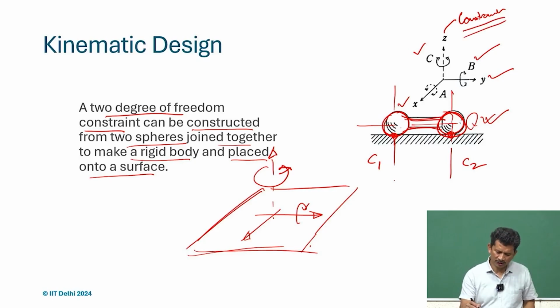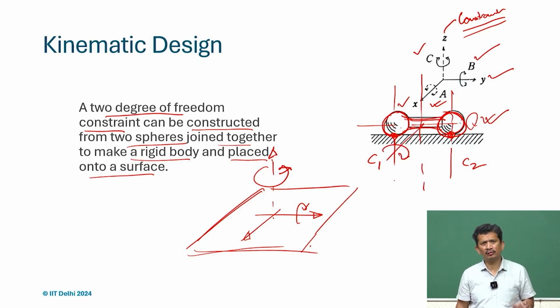What about the rotation A? If we try to rotate along this. So, in order to have that motion, anywhere we can take that axis which is parallel to x.